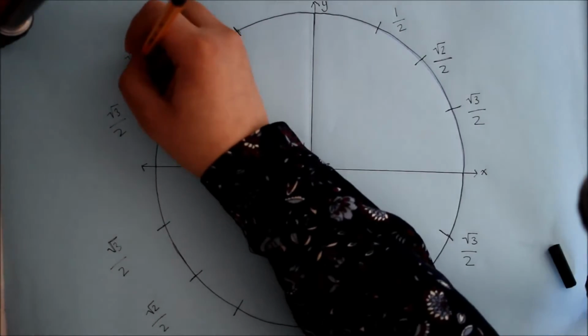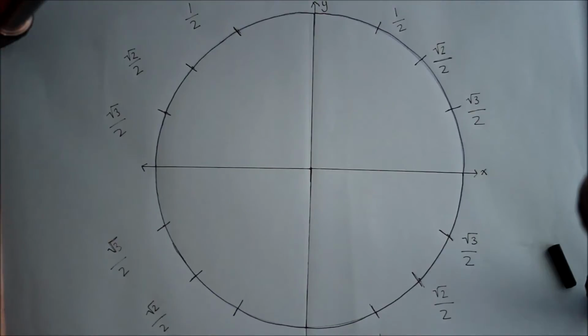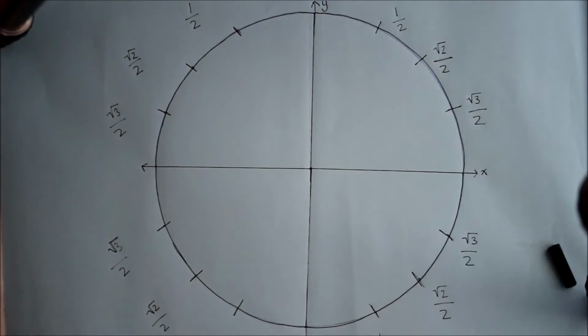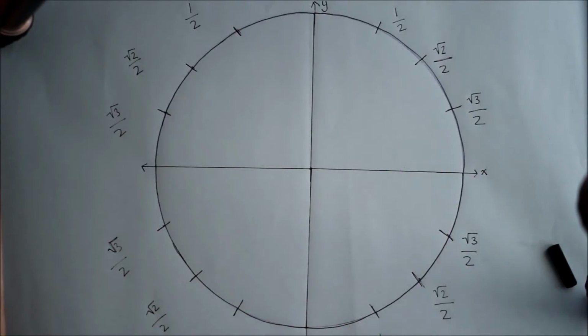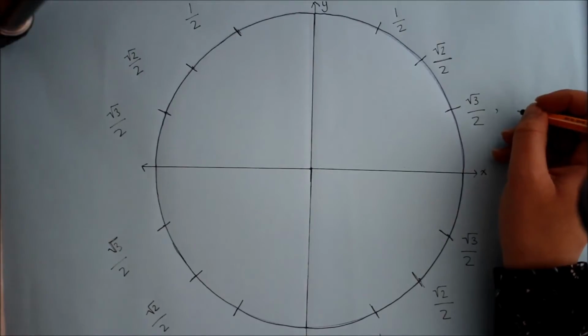Alright. Now, you can see that it's 3, 2, 1, 3, 2, 1, all the way, and all numbers are divided by 2. Now, next step is the y value.